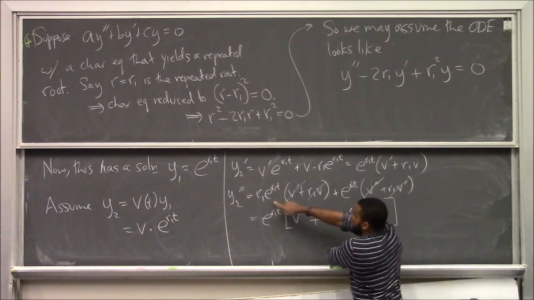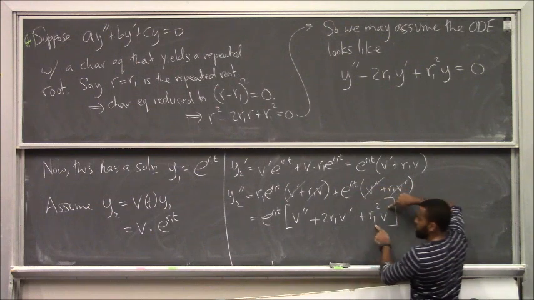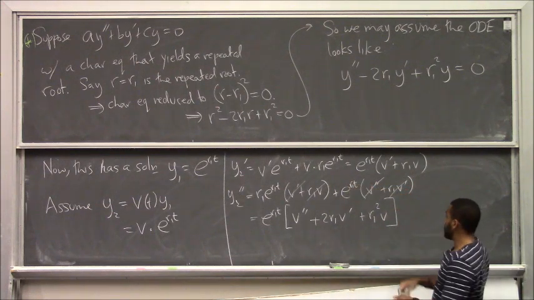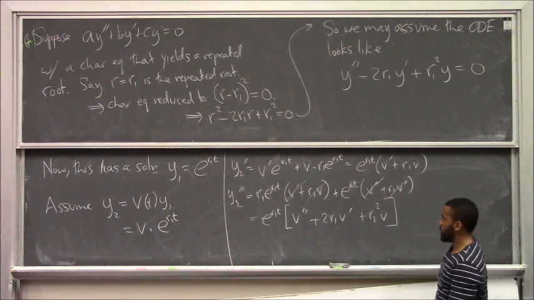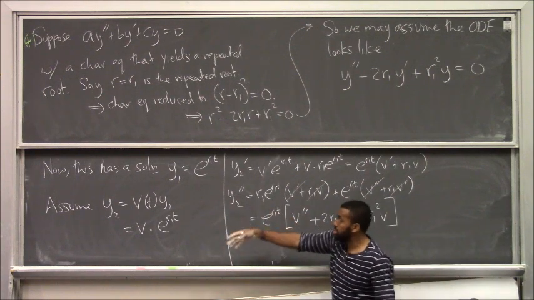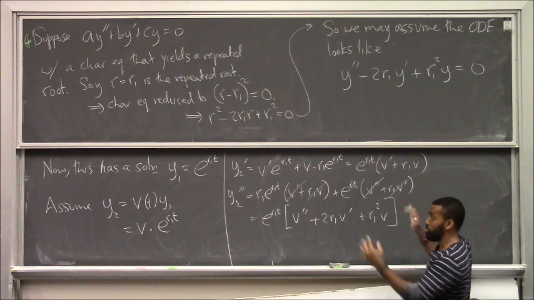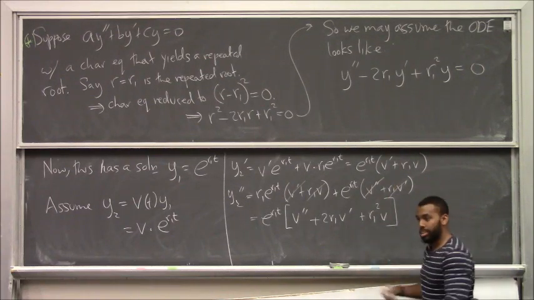Here, if I multiply this times that, I would have the r1 squared v e to the rt. So I have r1 squared v, factor out e to the rt. I think that's everything. So, pretending my solution looks like this, its derivatives would look like this, and if it solves that, it means if I plug all these guys into that, it should be 0.